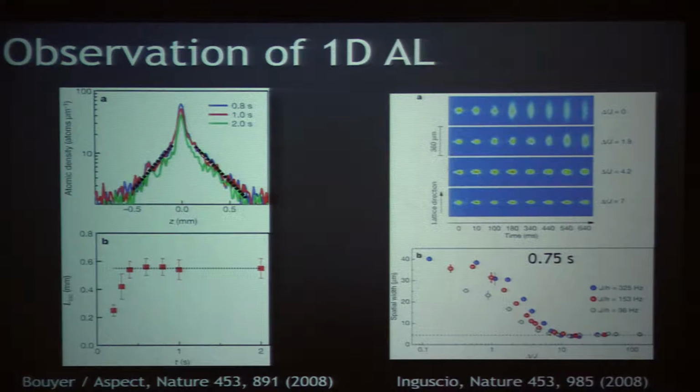And one thing you can see is that out where the atoms have sampled the disorder and scattered off of it many times, they're developing these exponential tails. They're a hallmark of Anderson localization. They're also able to fit these tails and find a localization length, which they plot here in millimeters, so it's quite long.